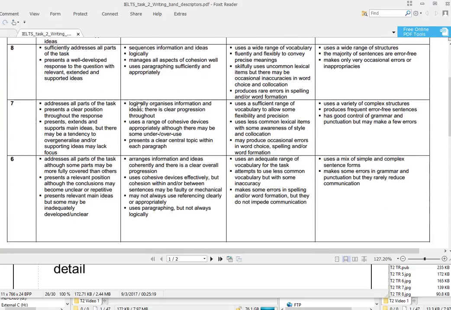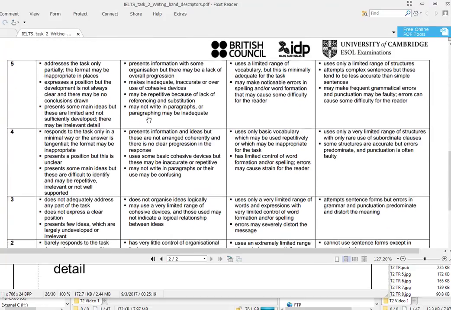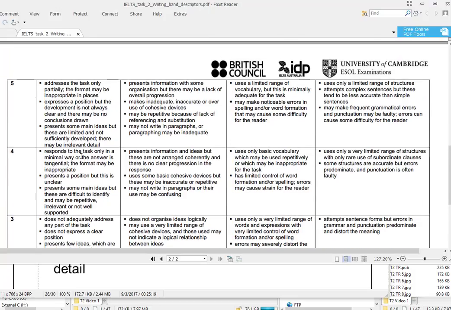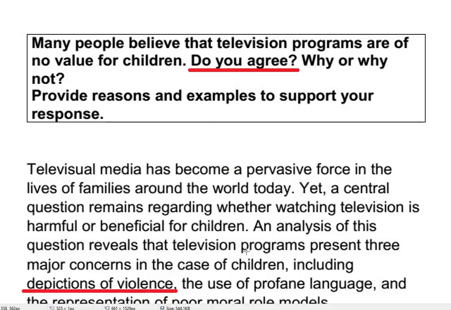If you go to task response for 4. Responds to the task only in a minimal way, or the answer is tangential. 4 may be improved. Present position was just not unclear. But this is unclear. Maybe a 4 is too low, but I think this person limited themselves to a 5 by not addressing the central question to the prompt.